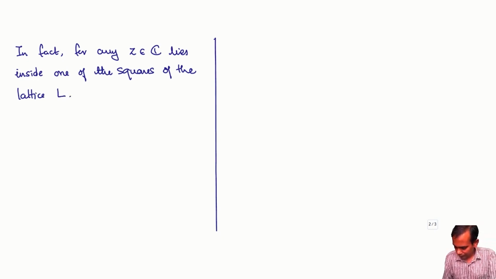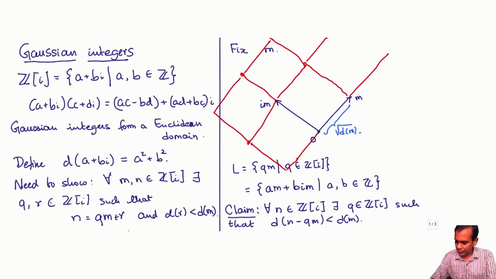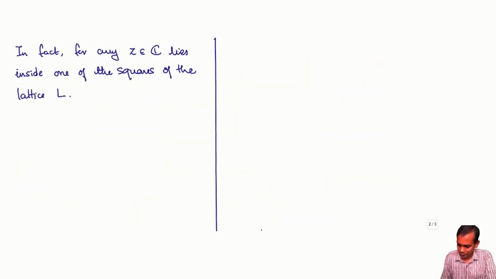Here I'm thinking of L as a set of corner points, and I'm thinking of them as being the corners of squares in a square grid. And what I'm saying is, of course, every point in the complex plane lies inside one of these squares. So I'll just rotate the square. We have a square like this.